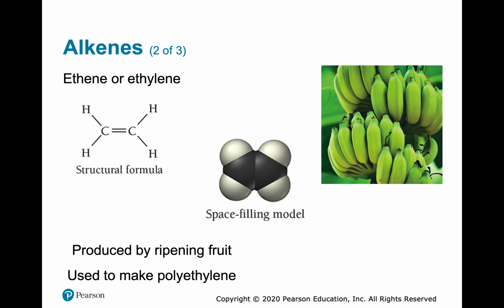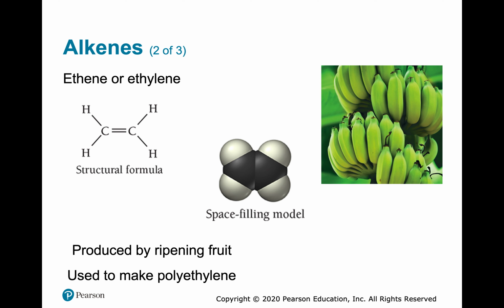So maybe you've smelled bananas. I remember when I lived in Honolulu, there was a place called the Health Bar, and they liked to make banana bread. Whenever you walked in, you got smacked across the face by the smell of ethylene, because they had a bunch of bananas that they just let sit out. As fruit is ripening, it releases ethylene.